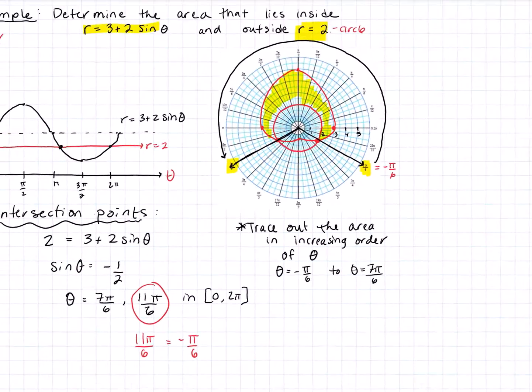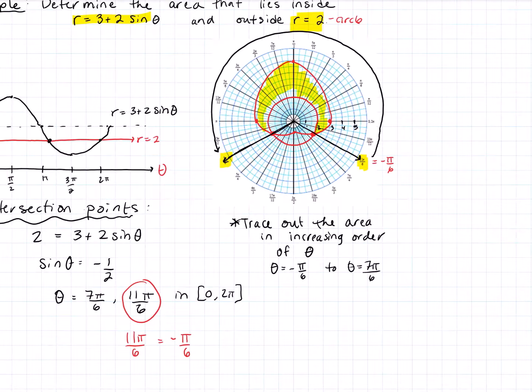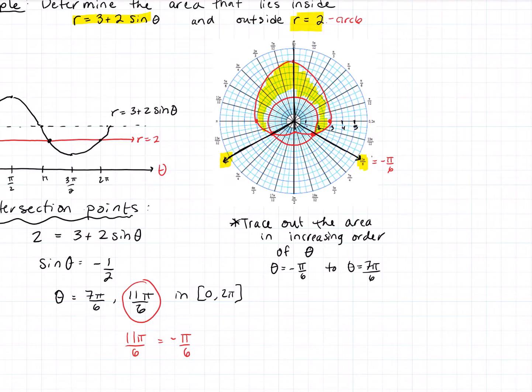The other thing that we could do, as I'm looking at this, is think about using some symmetry. We could say, let's start at pi over 2 and go from pi over 2 to 7 pi over 6 and double the area.